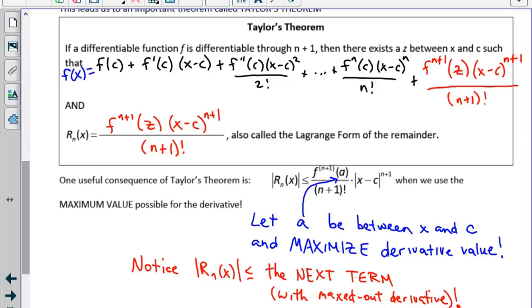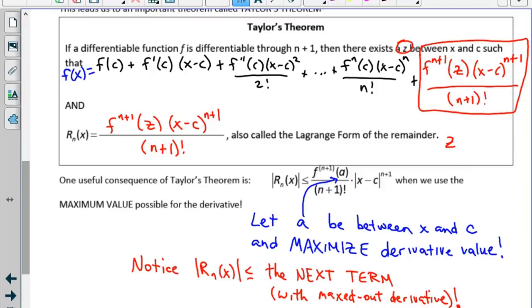So the remainder is in red. This z actually is the exact value that when you plug it into the n plus 1th derivative, that exactly equals the remainder.